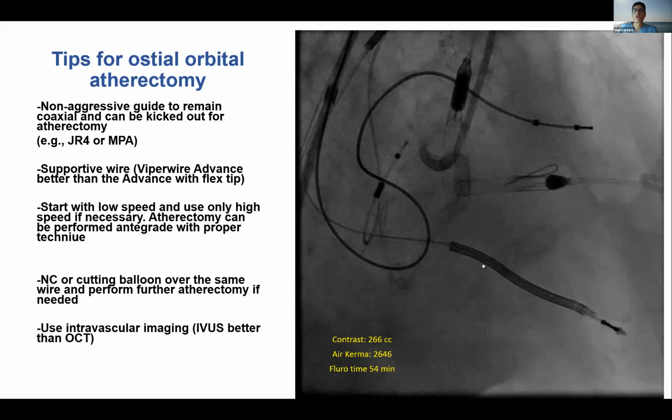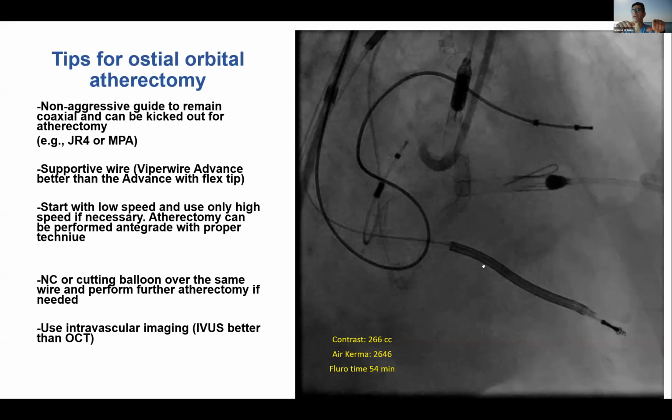Yeah. So actually, for orbital, you can get it through a 6 French guide extension. For rotational, I actually have to look at my chart. I don't remember offhand right now. What happens sometimes is that if you have the guide extension in place and then you try to advance the atherectomy device, it can hang at the collar of the guide extension.